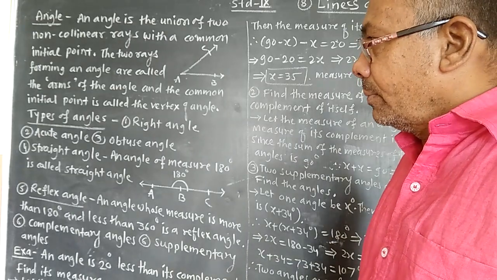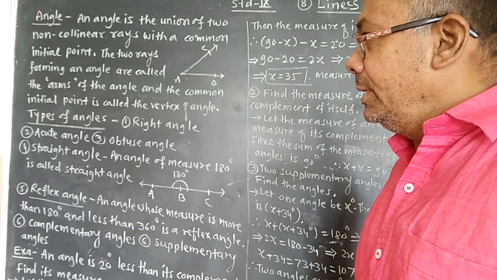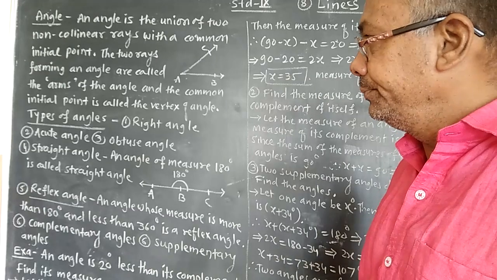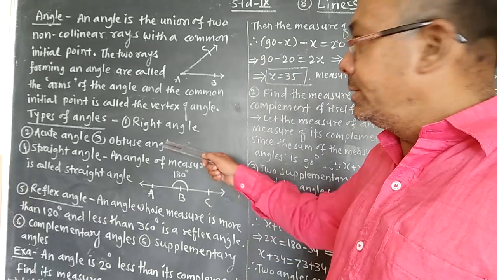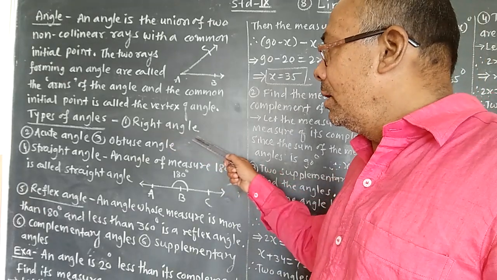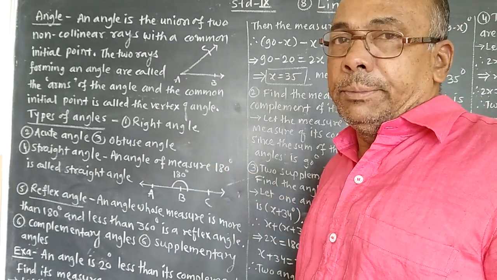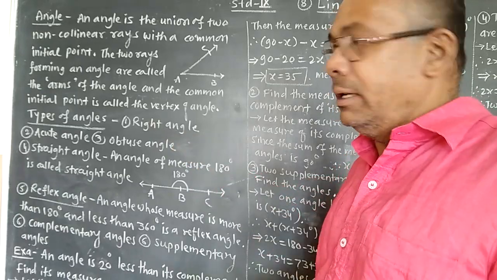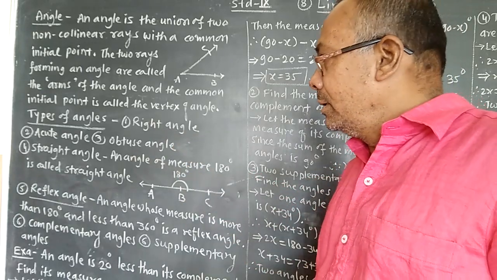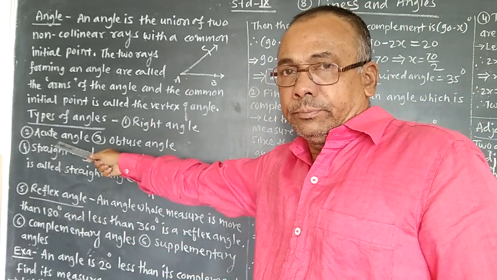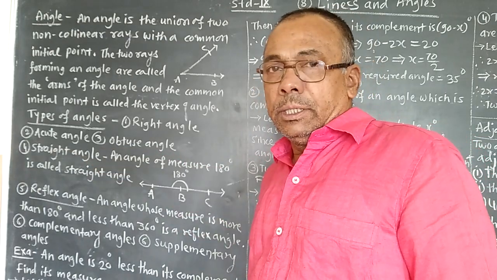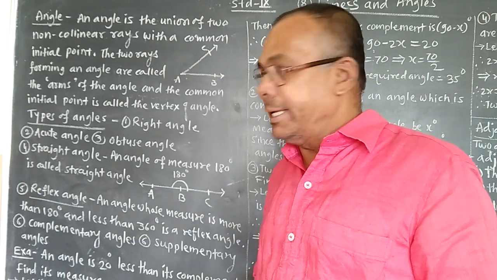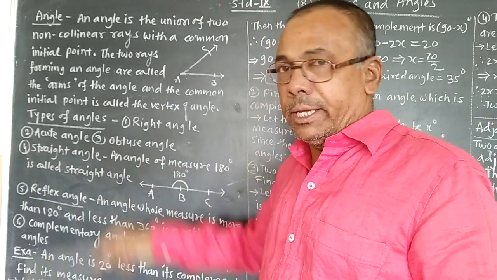Last year we learned about the types of angles. The first is a right angle, that is, if the measure of the angle is 90 degrees, then it is called a right angle. Second, acute angle. If the measure of the angle is less than 90 degrees, then it is called an acute angle.